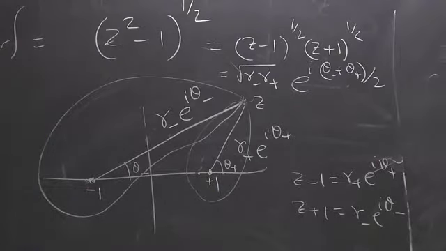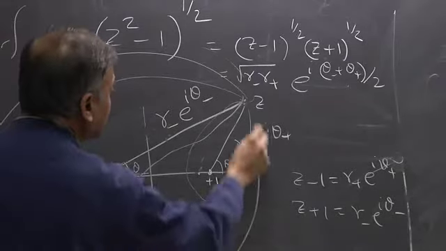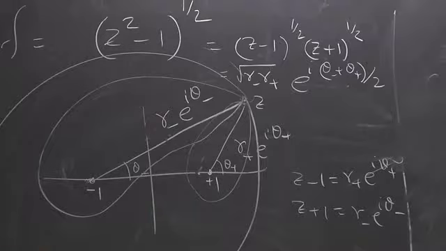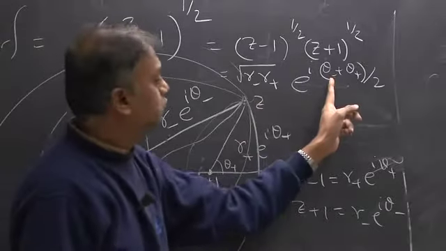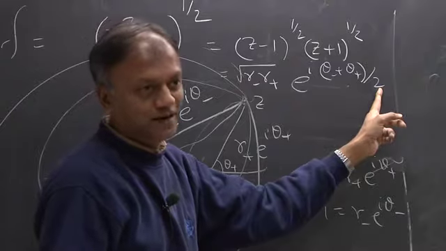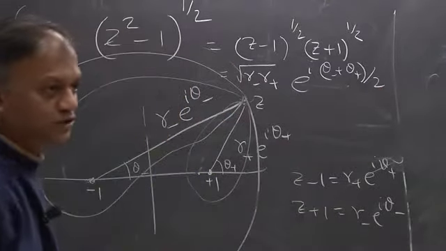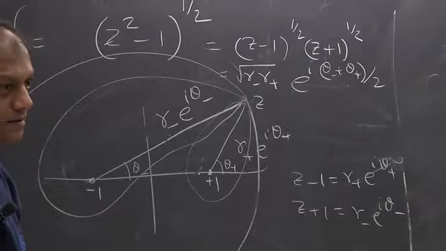Okay. Now, what about if you take a path which encircles both? Suppose you choose a path like this. In this case, both theta plus and theta minus shift by 2 pi, right? So the total shift is 4 pi, and 4 pi divided by 2 is 2 pi. So there's no phase. e to the i 2 pi is 1, so it comes back to its original value, right?